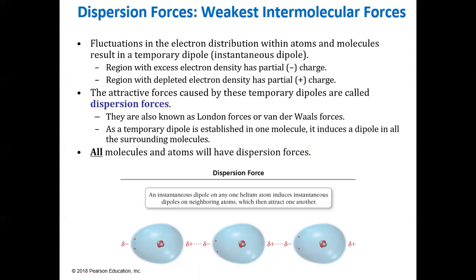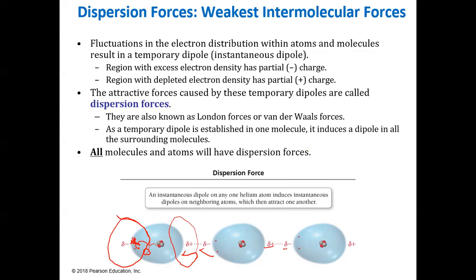So you'll have a negative charge region, as you can see down here, and a positive charge region. So your electrons just shifted this way. So the attractive force caused by these temporary dipoles is called dispersion forces. And you see how they align themselves so that you have positive, negative, positive, negative.